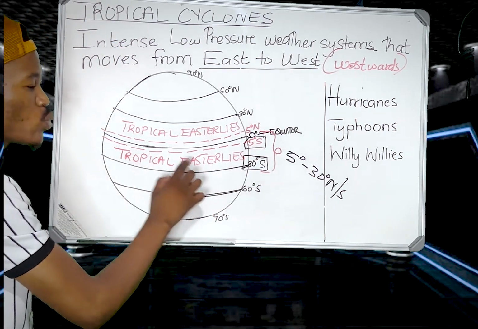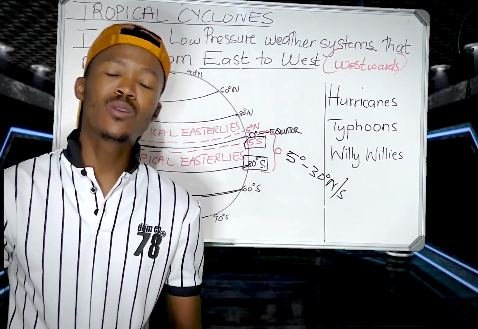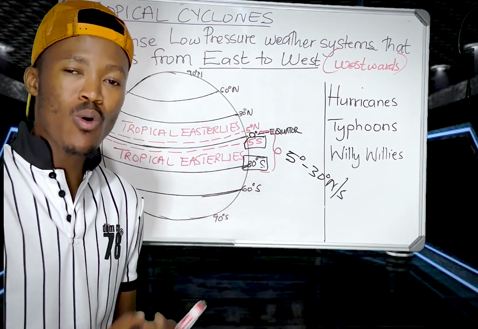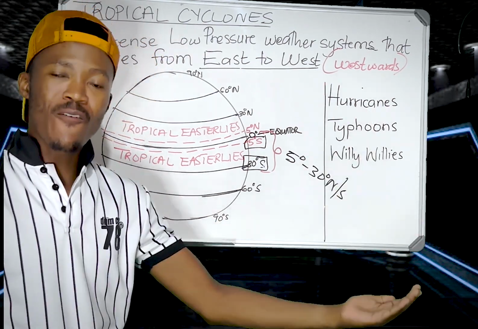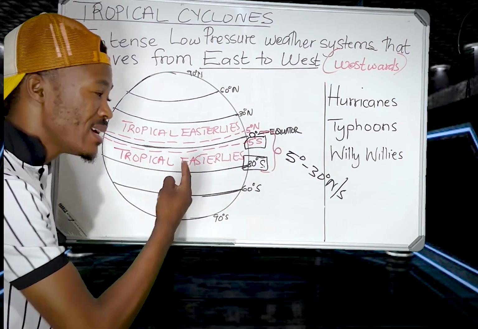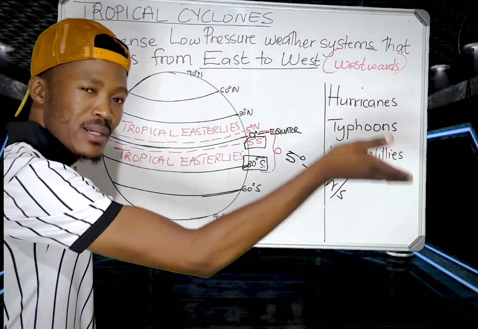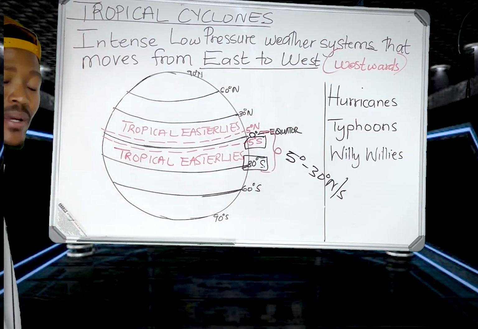Because of these winds, the easterlies, remember, in geography, we name our winds based on where they are coming from. The name easterlies signifies that this wind is coming from the east and heading towards the west.